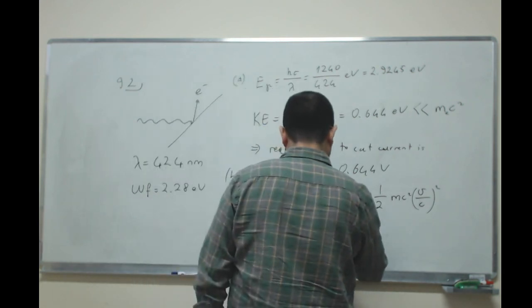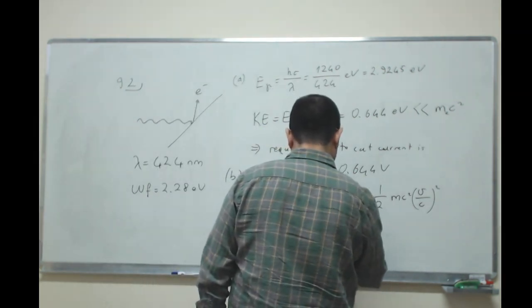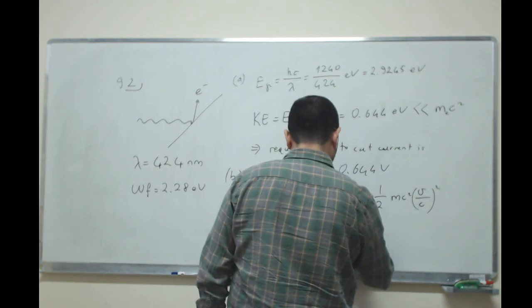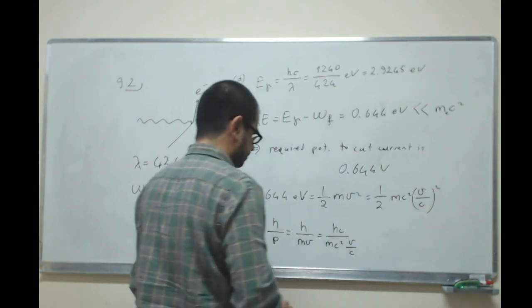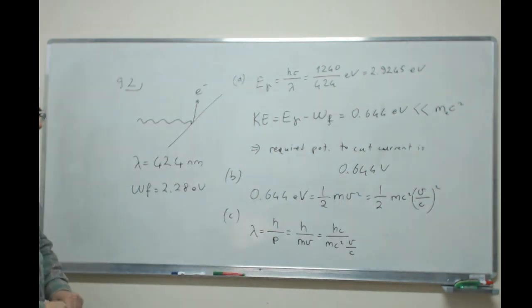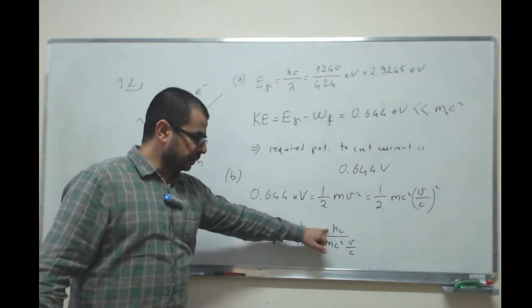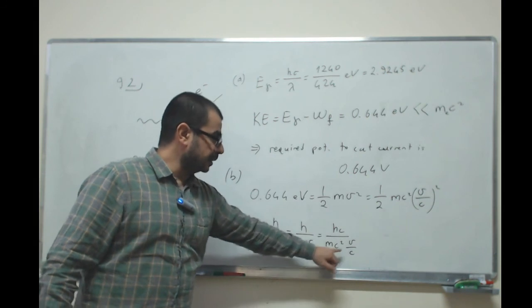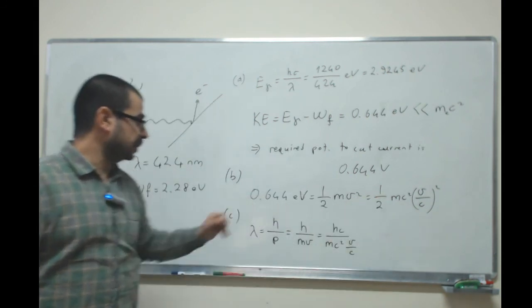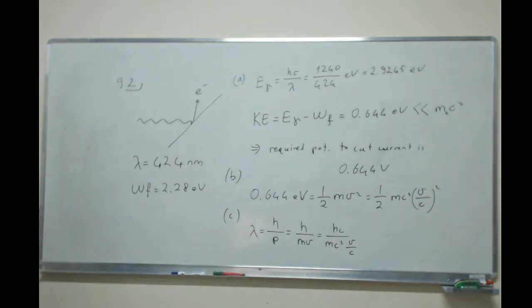So you can write this as hc over mc square times v by c. Right? Now these are things that you know. This is 1240 electron volt nanometers. This is half MeV, and this v by c is something you calculated from the first part. So to simplify the algebra, you could do it this way, though it's fine if you just plug numbers in. That's also fine.